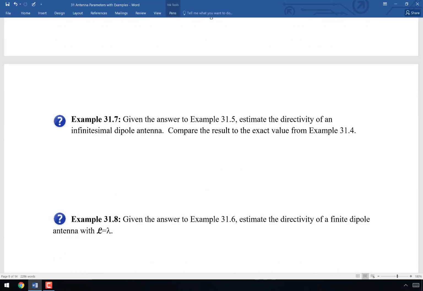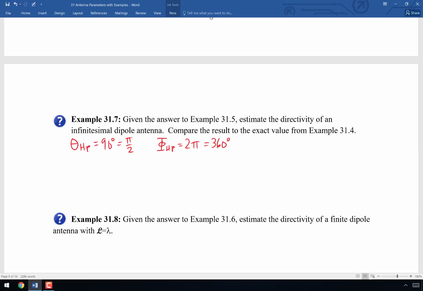So what is the directivity of an infinitesimal dipole antenna? We know that theta sub half power is equal to 90 degrees, which is equal to pi over 2. And we know that in this case, phi sub half power is equal to 2 pi, which is equal to 360 degrees. In the phi direction, nothing changes.